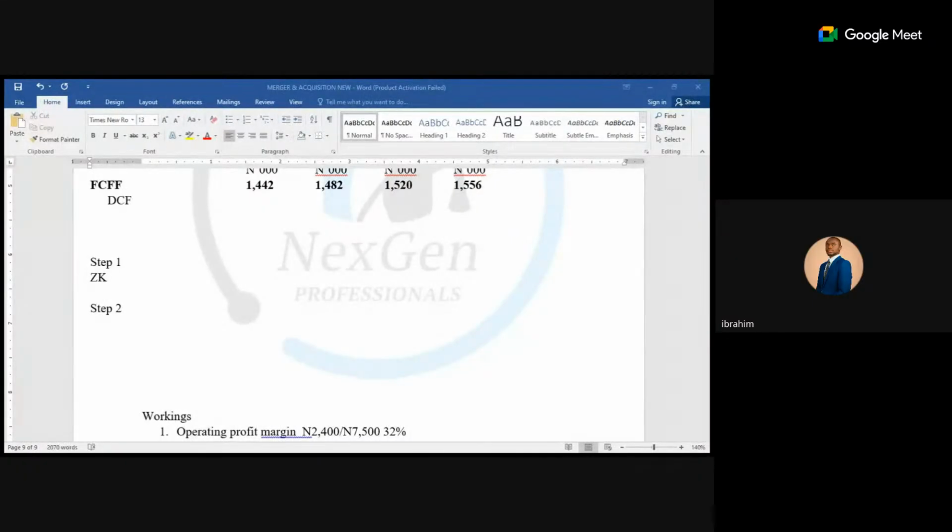Okay, let me check something. You can take the WACC, the one we used last week. Weighted average. Asset beta. What is our formula? Beta of equity, BE, divided by value of equity plus value of debt into 1 minus tax.